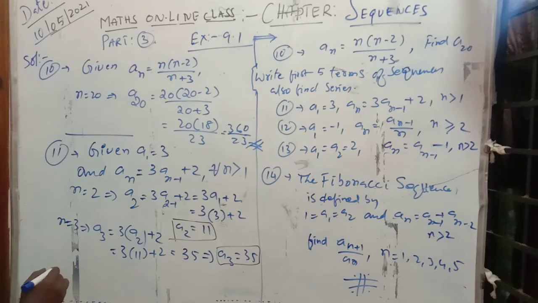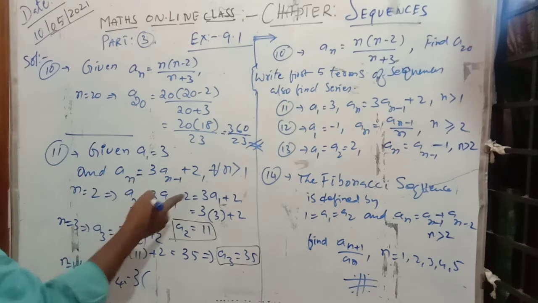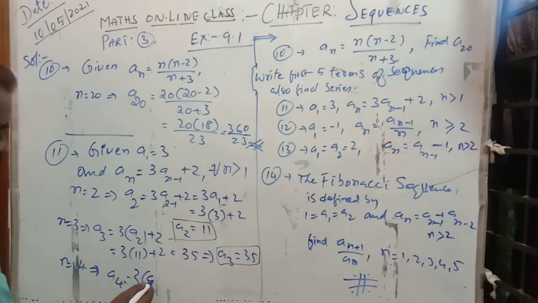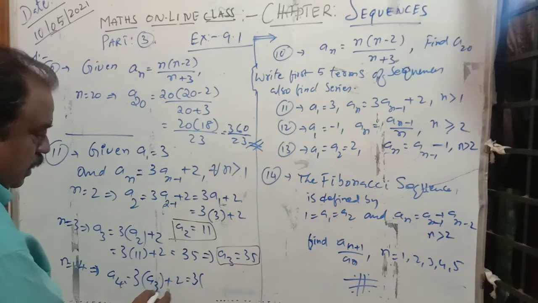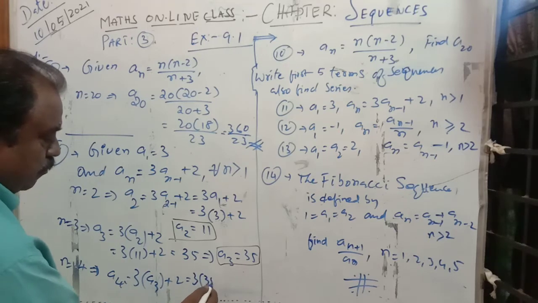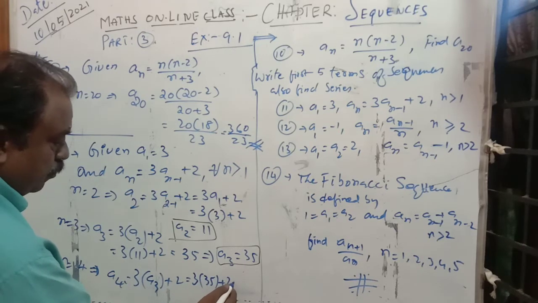Next, n is equal to 4. A4 is 3 into A4 minus 1, that is A3, plus 2. What is A3? A3 is already there, 35, plus 2.